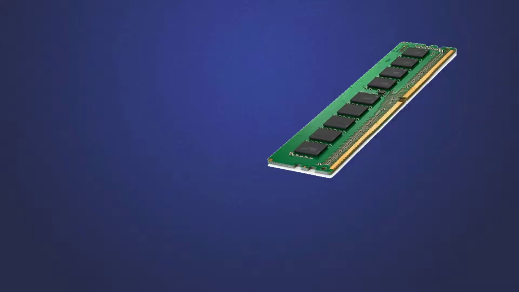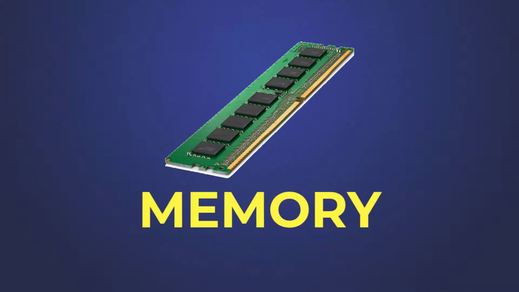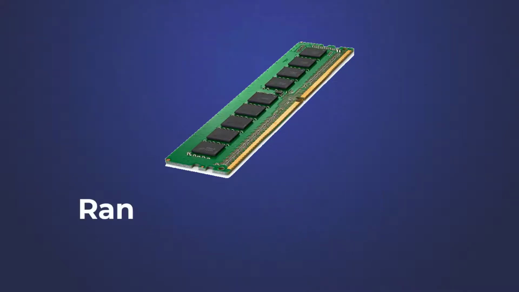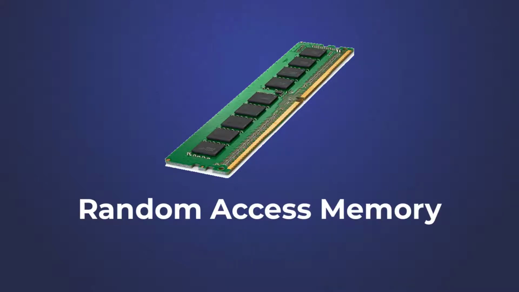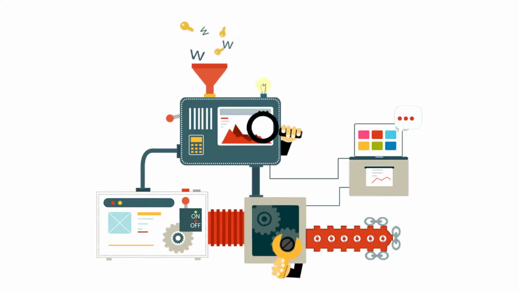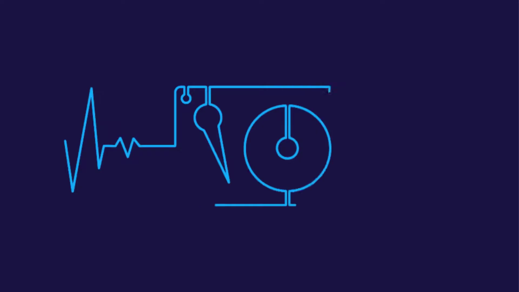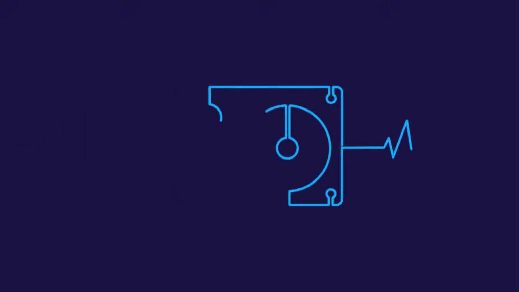Now, let's talk about the RAM. With the RAM, or mostly called just memory, data can be stored or retrieved randomly. That's why it's called random access memory. It is a lot faster, and computer programs perform much better and faster reading and writing data to the RAM.